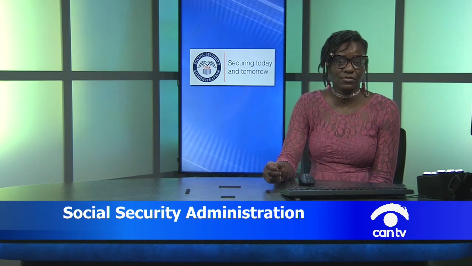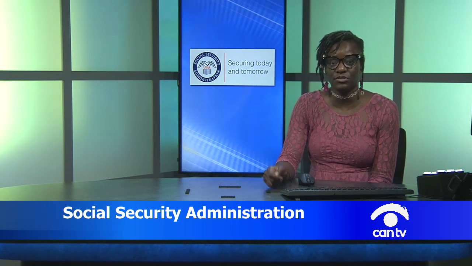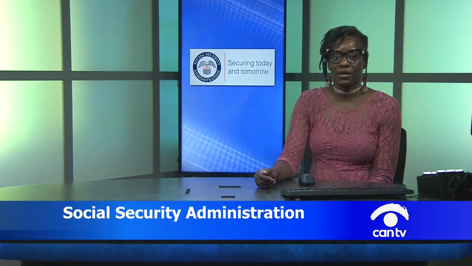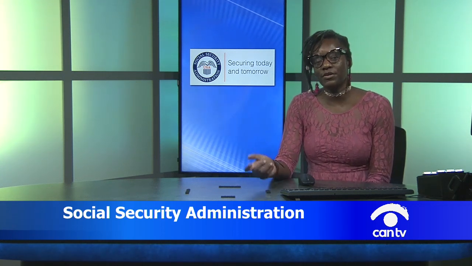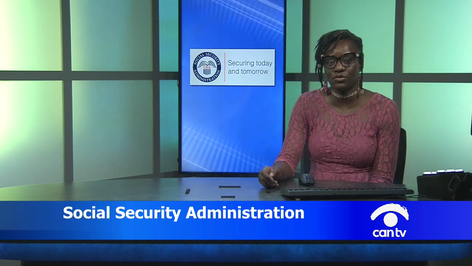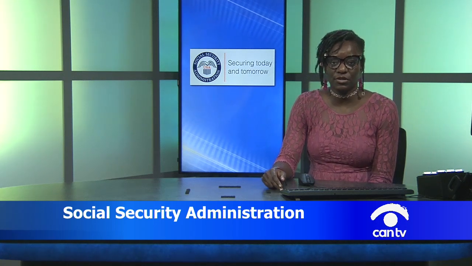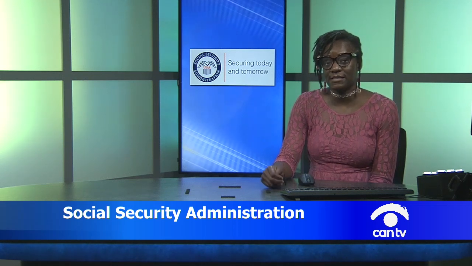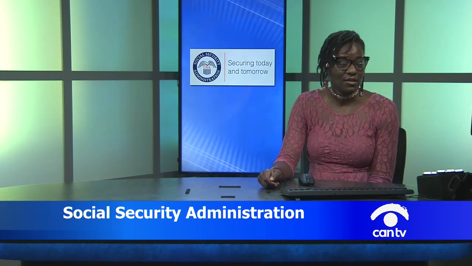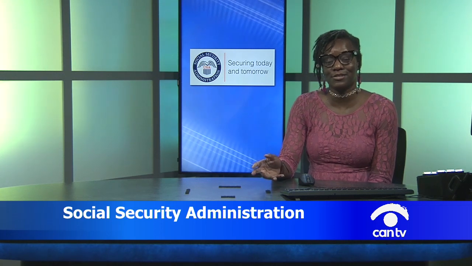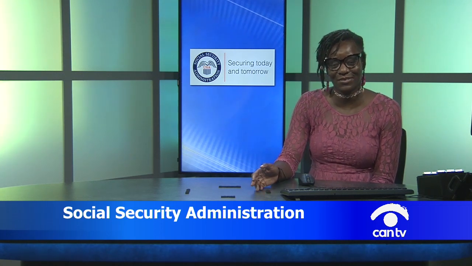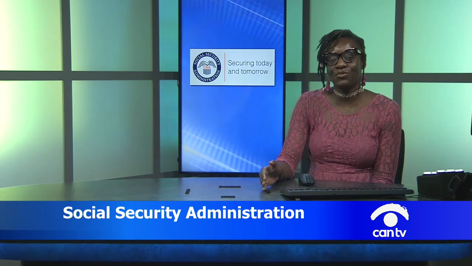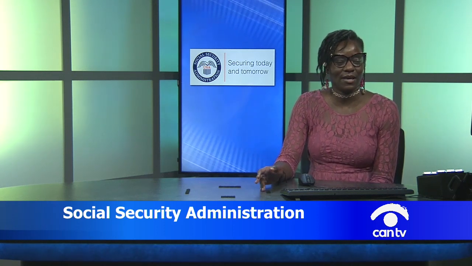If you do refuse the Part B, that's the medical insurance, at age 65, and you aren't working and insured with an employer, or you don't have insurance with a spouse who is working and insured, and you decide to take it a few years later, there are penalties to that. It's a 10% penalty every year you wait. So you definitely want to make sure that you are covered under a current employer or a spouse who's working and insured. Keep that in mind.